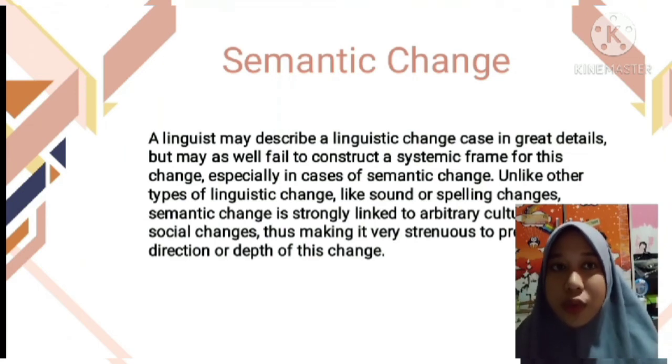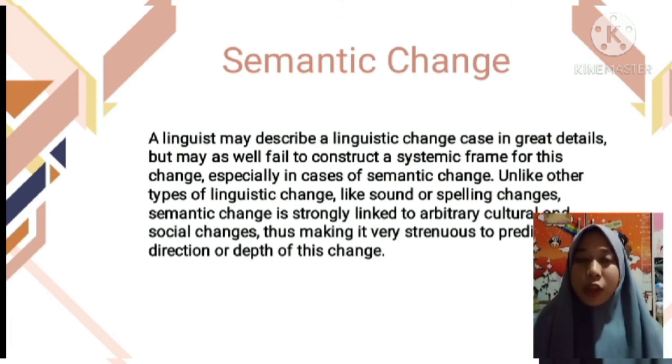This makes it very strenuous to predict the direction or depth of this change. Moreover, semantic change has no psychological basis as, for example, sound change does.